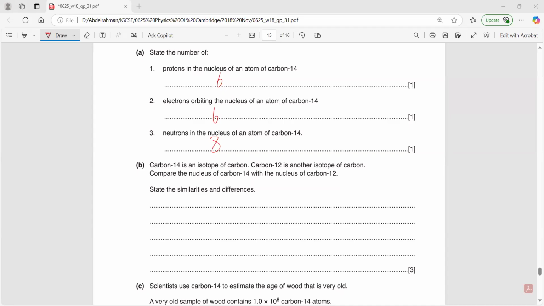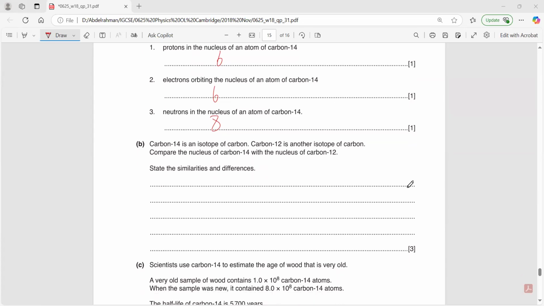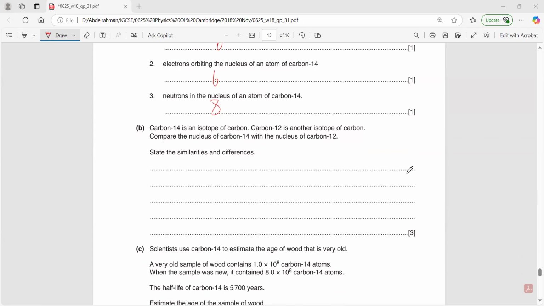You're saying more neutrons. Yes, let's write them down. They both have the same number of protons, which is six.